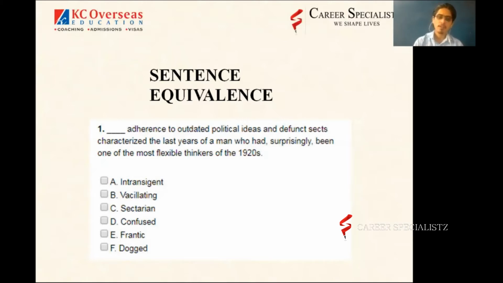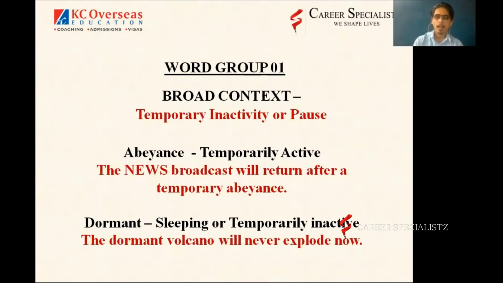So, for instance, if we mark the answers as A and B, the sentence with option A should have a meaning equal to the one with option B. As I've already said, this is a demo class.